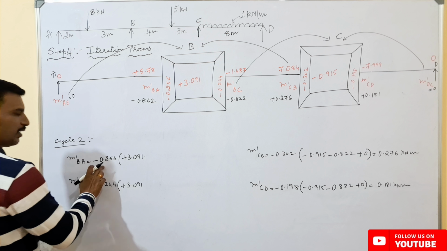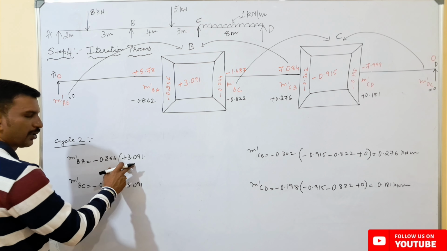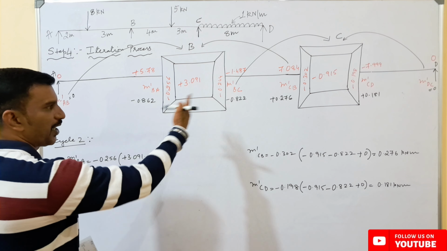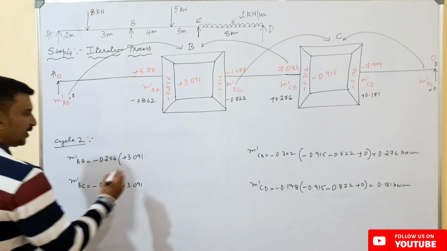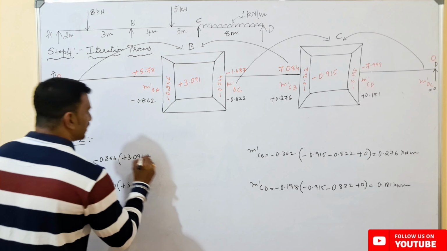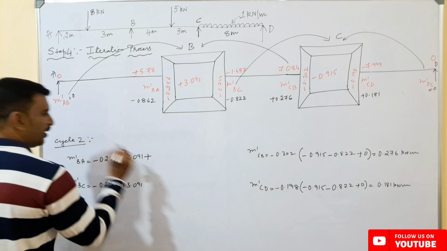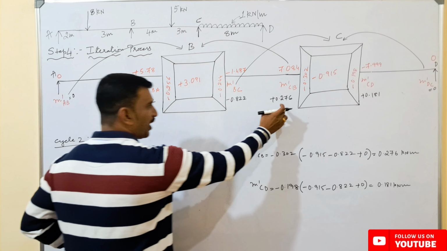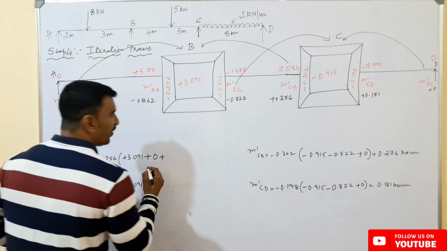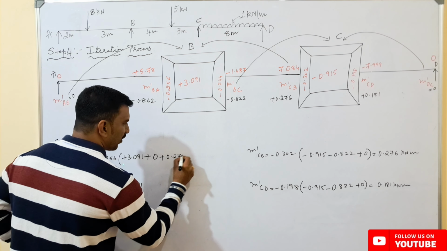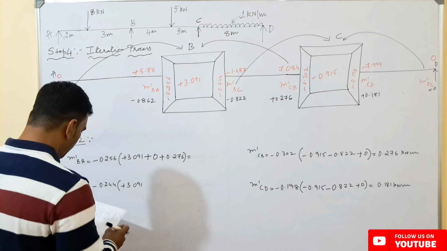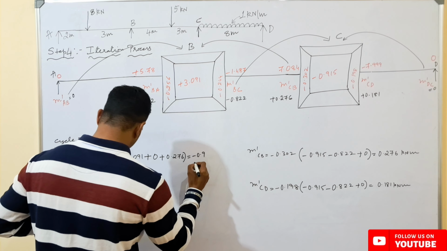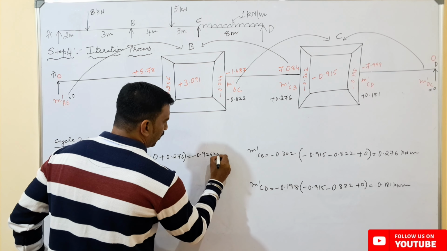See here, u remains the same and the summation of fixed end moment remains the same, only the summation of far end rotation contribution changes. So here the far end rotation contribution will be 0 plus the far end rotation contribution here. Now we have a new iteration value, plus 0.276, which will be equal to minus 0.926 kilonewton meter.